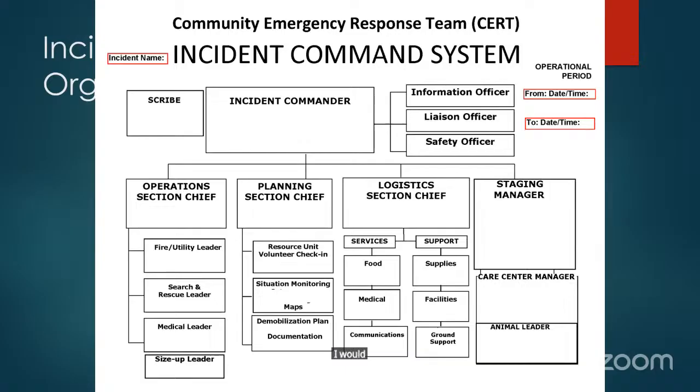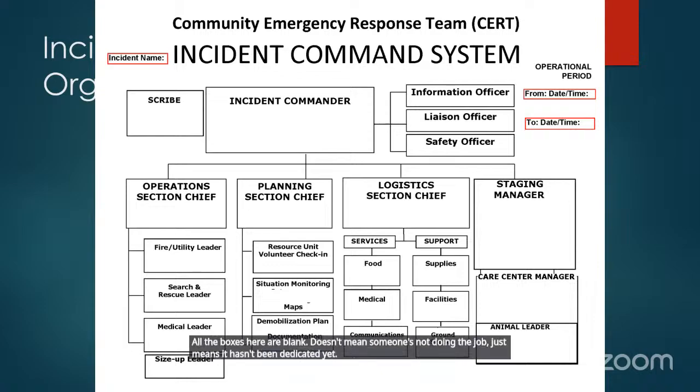I'd like to talk to you if you do. Chances are this is just an example of what your org chart may need to fill as you fill them. And I want to reemphasize all the boxes here are blank. Doesn't mean someone's not doing the job, just means it hasn't been delegated yet.